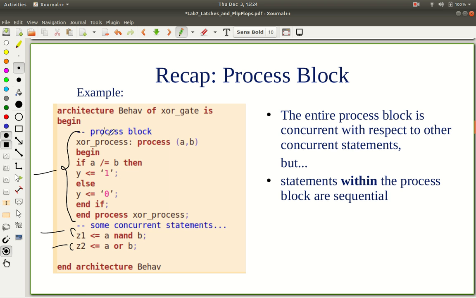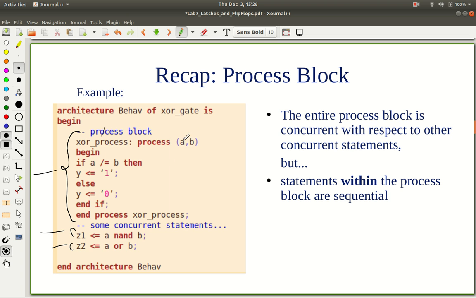And a process block has a label and it has a sensitivity list. That means this process block is triggered when any of the signals mentioned in the sensitivity list change.